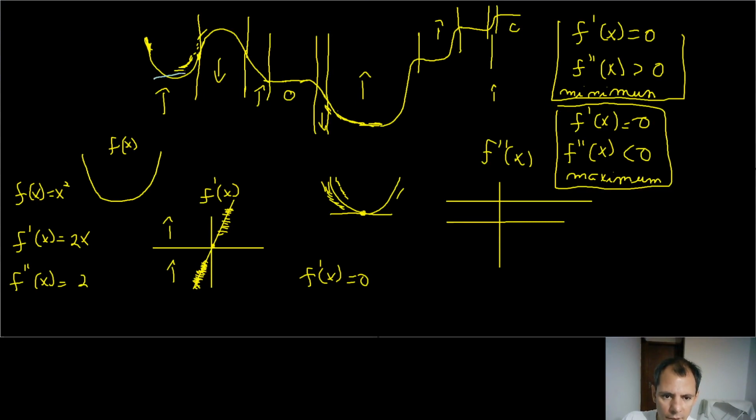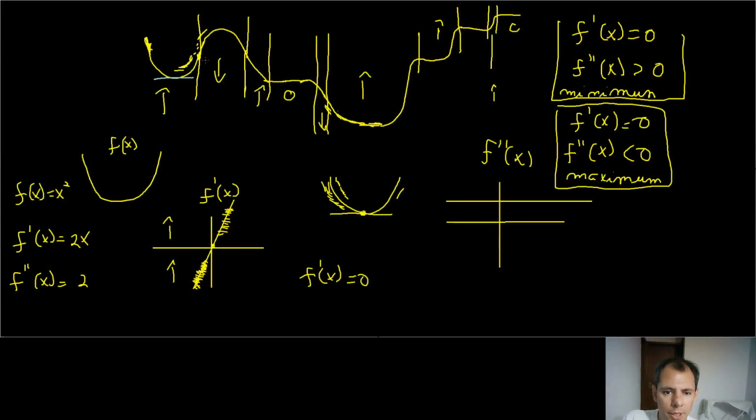So you have f of x, f prime of x, the first derivative is 0 here. This is similar to a parabola with concavity up. The second derivative is always going to be positive, because we found out the first derivative at x equals 0 is 0, and the second derivative is always going to be 2. So you see that this is a minimum, right?